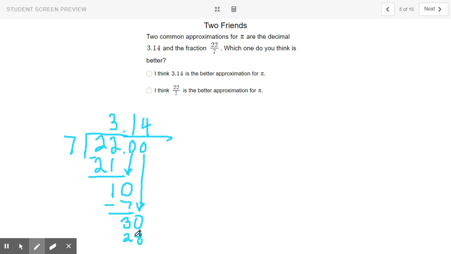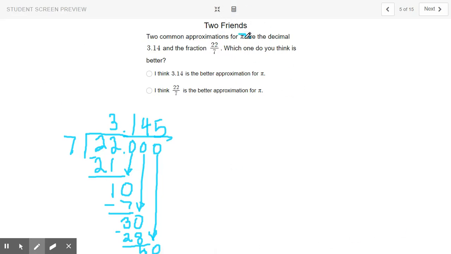And I was trying to divide 30 by 7. If I do that, I'm going to get another leftover, which means I can drop down another 0. And I know that 7 goes into 40 five times. And I know that there's going to be a leftover, right? Because that's 35. So there's going to be 5 leftover, and it's going to keep going on and on and on.